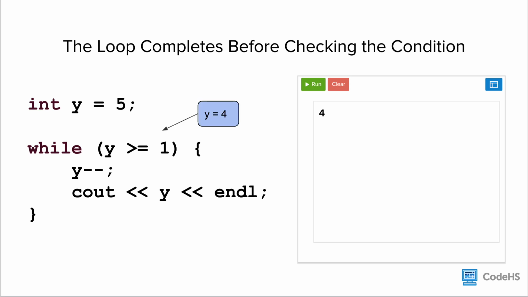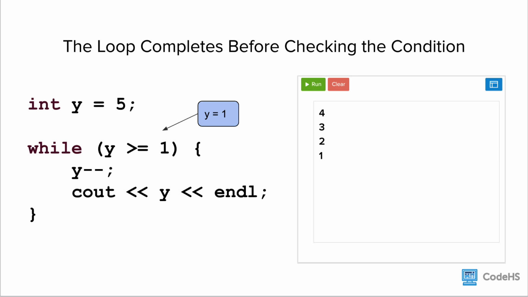The condition reevaluates at y equals 4, and that is true, so y decreases to 3 and is printed out again. Next, at y equals 3, the condition evaluates again to be true, so it enters the loop and y is decreased and printed. This process continues. y is now decreased to 1 and printed.